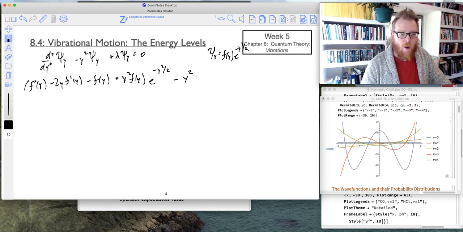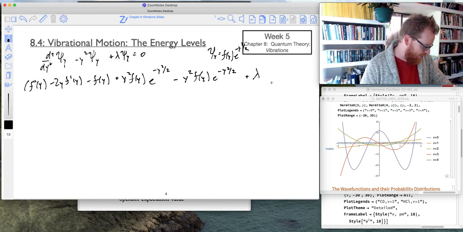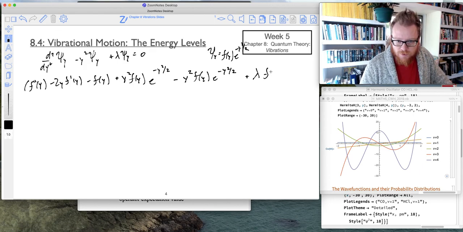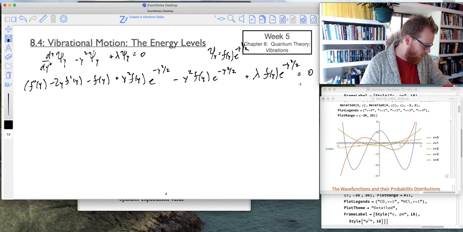So that's now y squared times f of y times e to the negative y squared divided by 2. That takes care of this middle term. And then finally, that's plus lambda times f of y times e to the negative y squared divided by 2, all equal to 0.